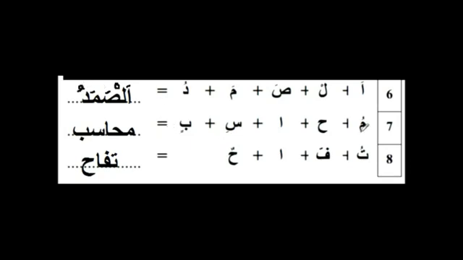Al-samad. Muhasibun, muhasibin, not ben. We would write the meme, connect that to the ha, connect the ha to the alif. We wouldn't continue on smoothly because the alif is not a connector.